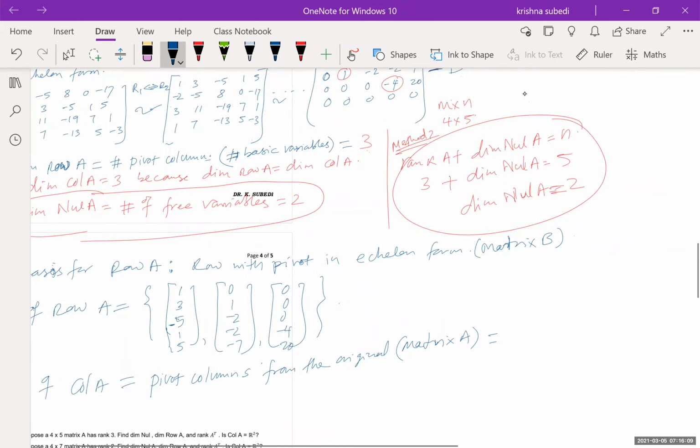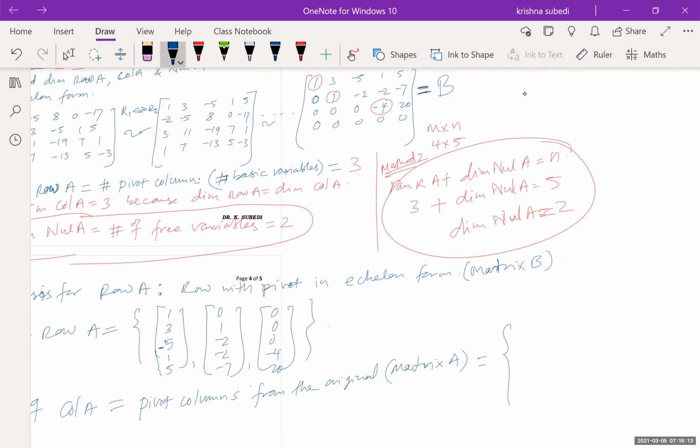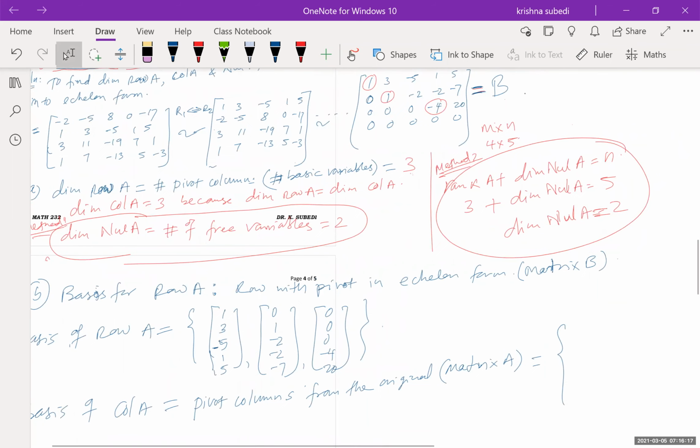The pivot columns are the first column, second column, and fourth column. So go all the way to the original matrix and write down the first, second, and fourth column.